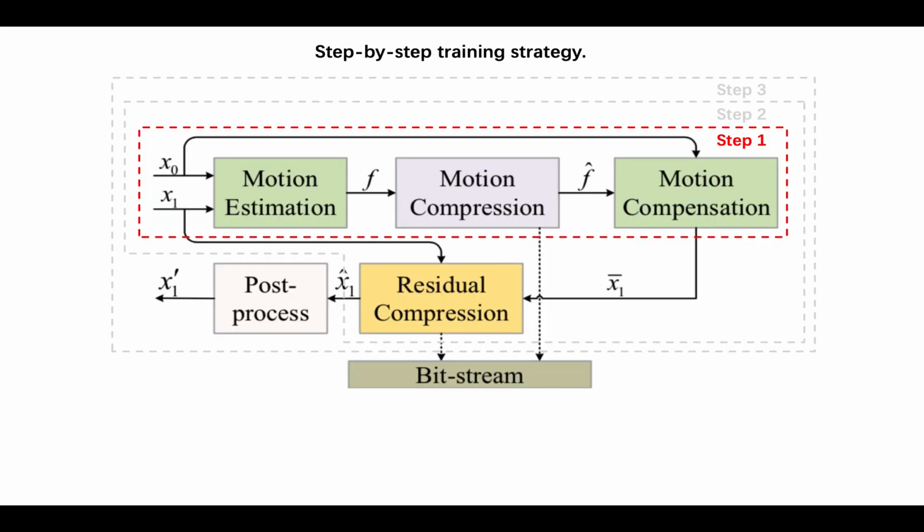Apart from that, we propose a step-by-step strategy to improve training efficiency. In the first step, we keep the weights of the pre-trained optical flow network fixed, and we optimize the motion compression and motion compensation networks by minimizing the rate distortion loss of the compensation frame.